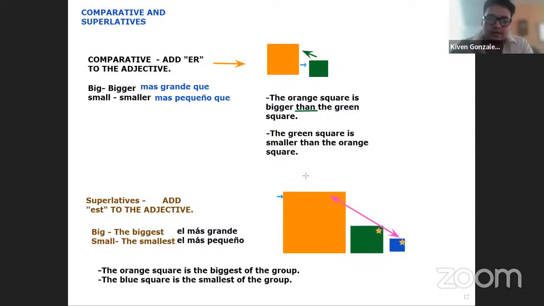Teacher, we just can use this comparative and superlative with nouns or with subjects. We use it with nouns, but what happens is that sometimes the noun is the subject. For example, Alan, Jesus, Anthony, Kevin, that's a proper noun.